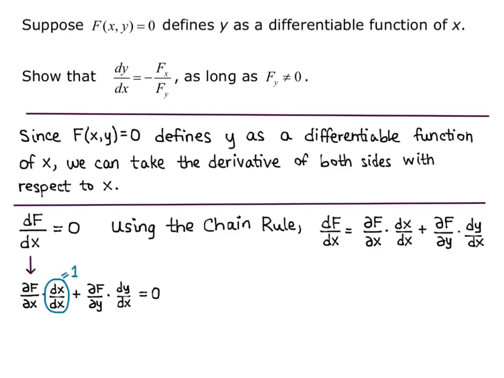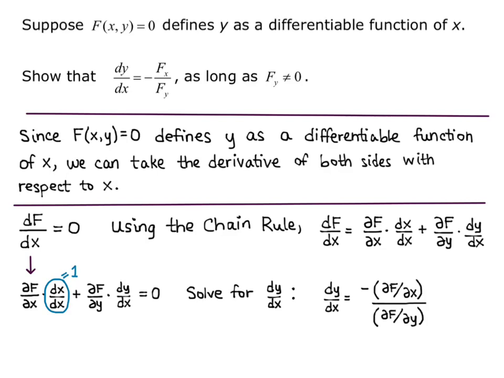Now, we know that dx/dx is equal to 1. So now we need to solve for dy/dx. dy/dx equals negative partial derivative of f with respect to x, because we subtract that term from both sides of the equation, divided by partial derivative of f with respect to y, because we divide both sides by this in order to get dy/dx by itself.